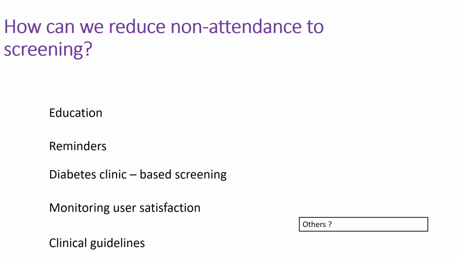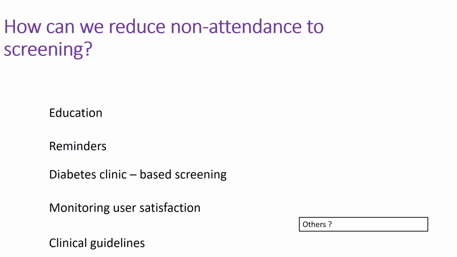The healthcare provider can also be instrumental in reducing non-attendance to screening. This might be done through educating the patient, such as through individualized education or health talks to groups of patients. It might be through sending reminders such as postal reminders or telephone reminders or email reminders to patients on your database.